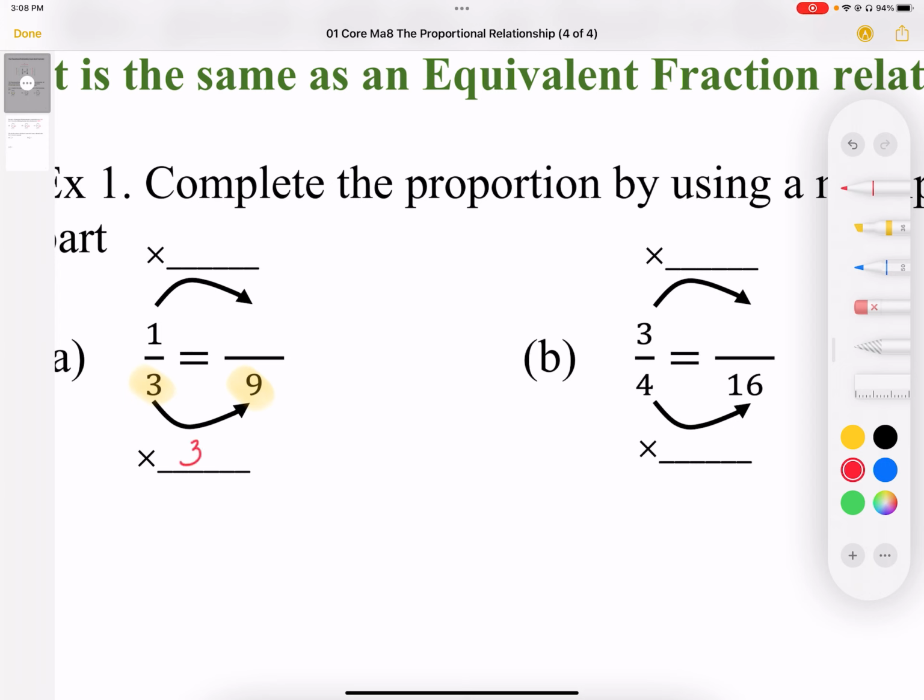So my multiplier must be times 3 to go from 3 to 9. And I can check it: 3 times 3 equals 9. If my multiplier on the bottom is times 3, the multiplier on the top must also be 3. And so we end up with 3 over 9 is an equivalent proportion or equivalent fraction to 1 over 3.